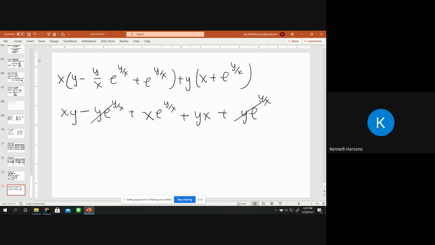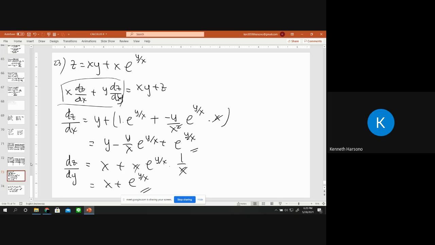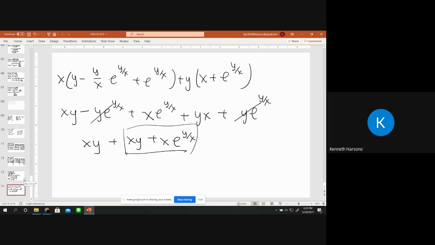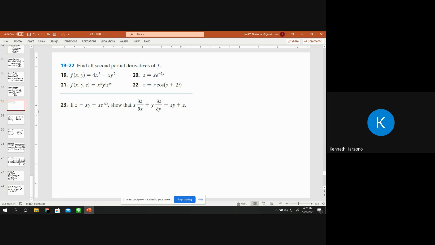If you arrange this again, xy plus xy plus x e^(y/x). You see this one goes back to our first equation, right? So we can just replace this one with c, so we get xy plus c, and that proves the equation: x dc/dx plus y dc/dy is equal to xy plus c.